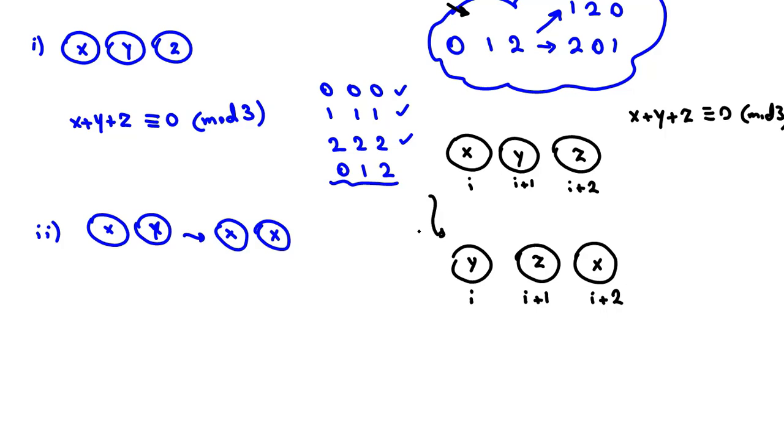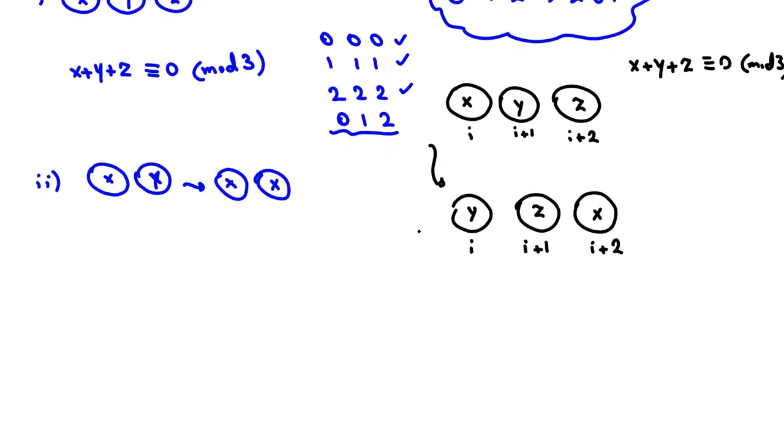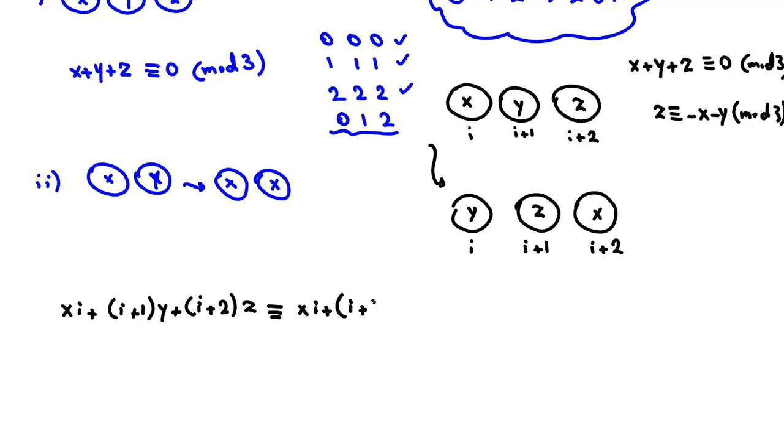So let's see under this action what's the effect on f. So the first part is xi plus (i plus 1)y plus (i plus 2)z. Now let me tell you something. Because x plus y plus z is 0, so we can say z equals negative x minus y mod 3. So you can replace by that. So if you replace with that, it will be mod 3 xi plus (i plus 1)y plus (i plus 2), instead of z, we replace it with negative x negative y.